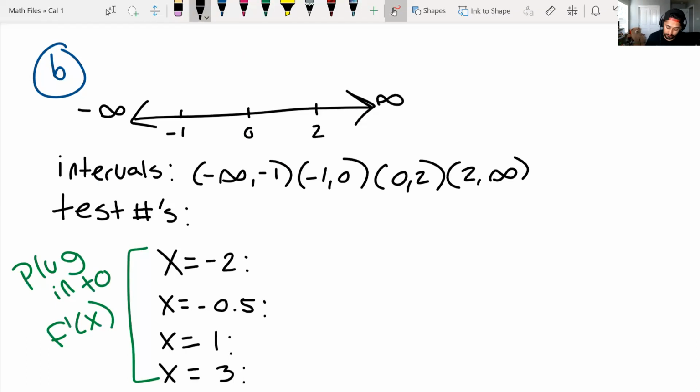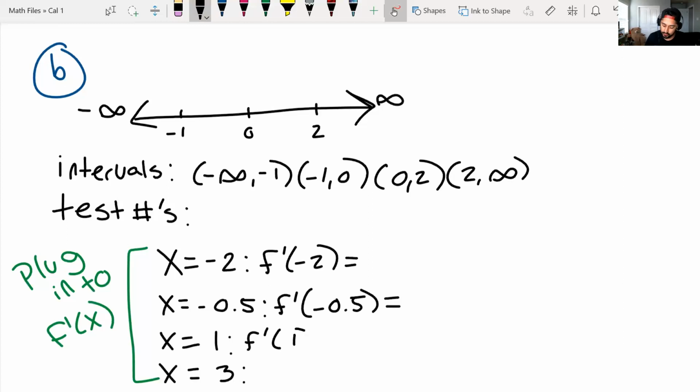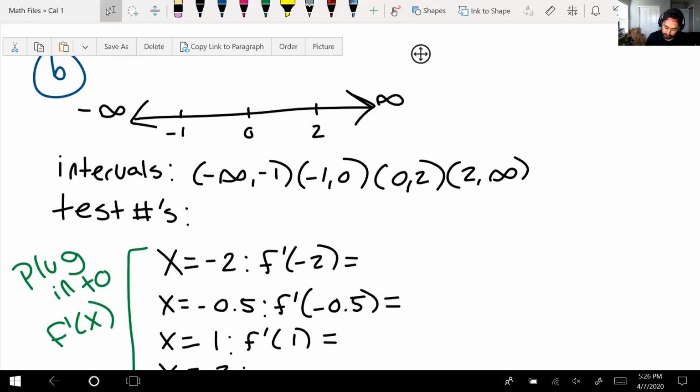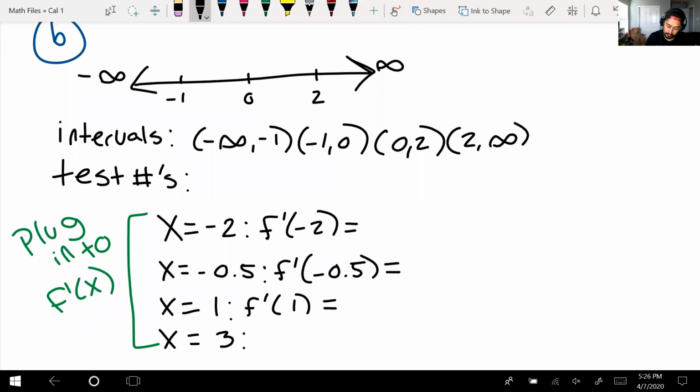So I should have f prime of -2, f prime of -0.5, f prime of 1, and f prime of 3.